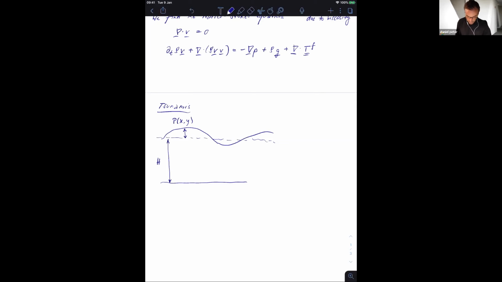So the wavelength here has to be long compared to the depth, to the ocean depth.